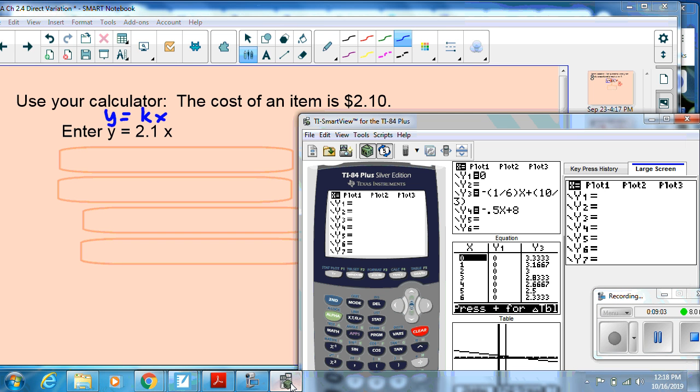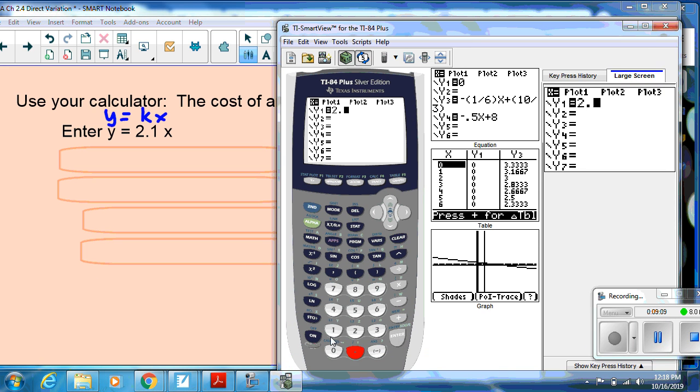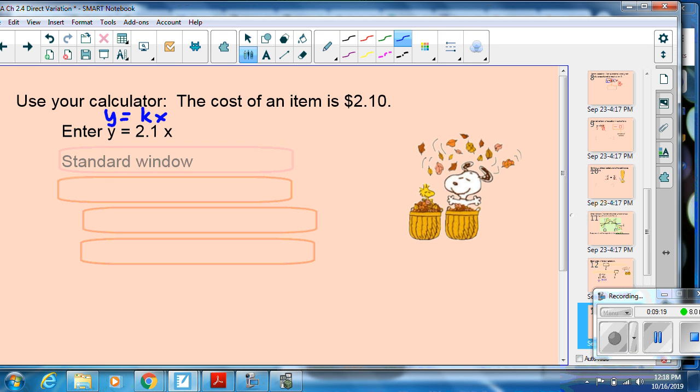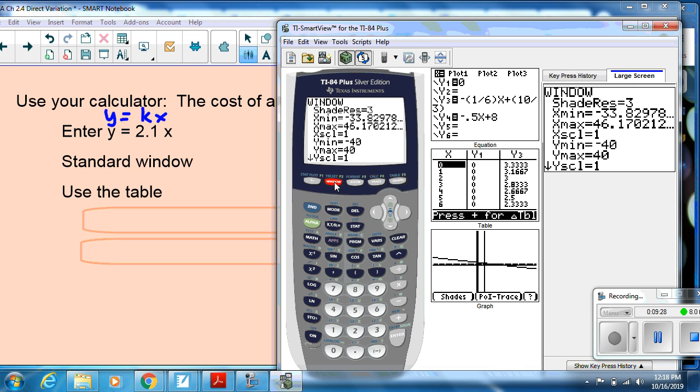So y equals, and let's move this up a little bit, y equals 2.1. And remember, x is up here. Let's look at the red buttons. Y equals 2.1x. Okay, so from there, what we're going to do is set a standard window and then find our table of values.